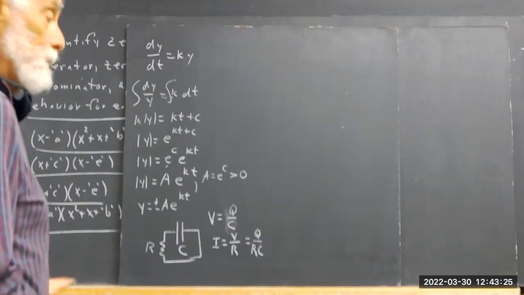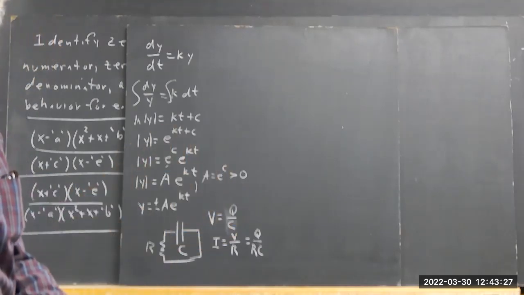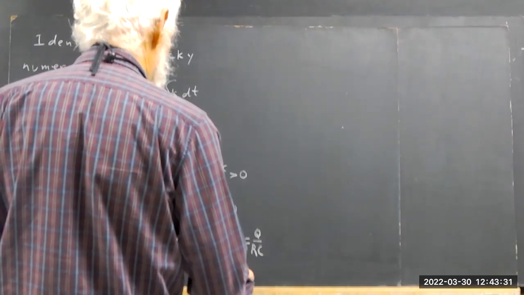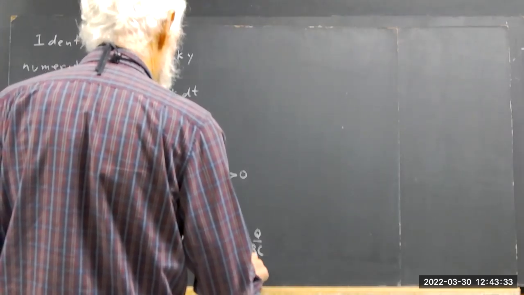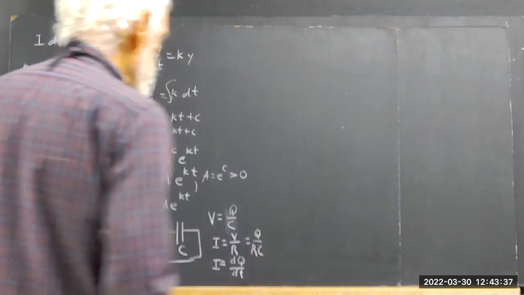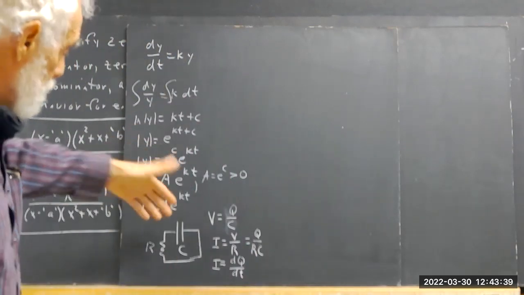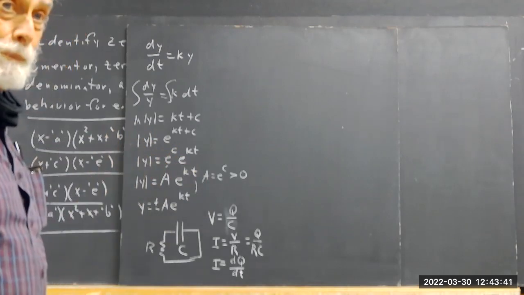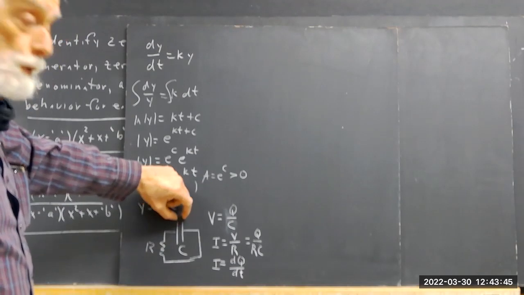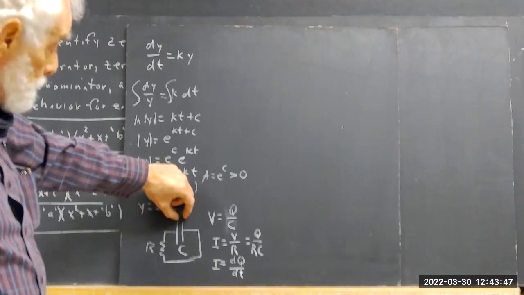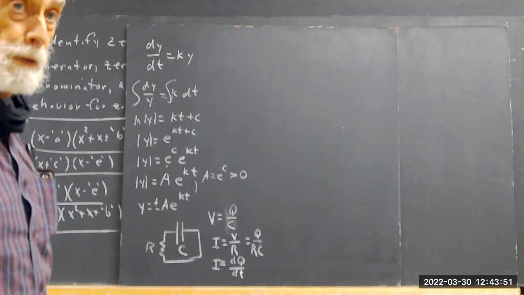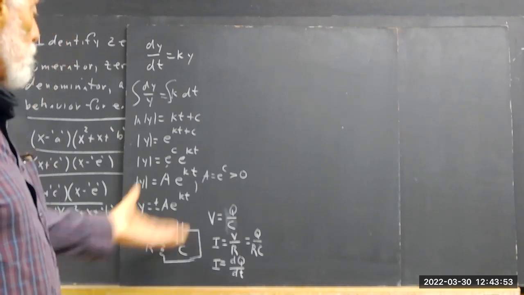But your current, and again, go back to the explanation we did last time, is the rate at which charge is flowing through this thing. And that's the rate at which the charge in the capacitor is changing, because if you just have a capacitor and a resistor, then where's the current coming from?